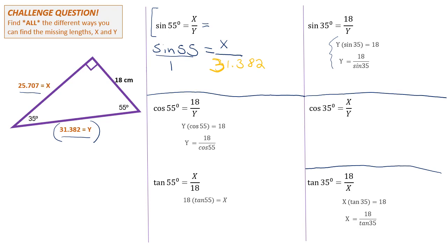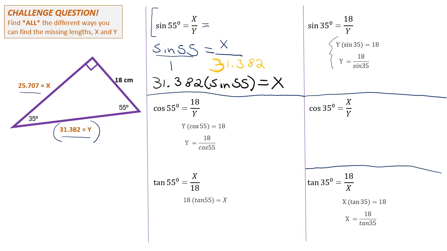So I just used some cross multiplication here, and that would give me 31.382 times the sine of 55 is going to equal x.